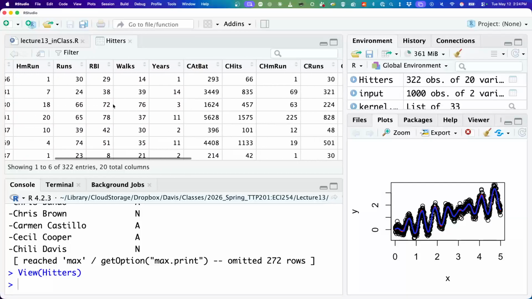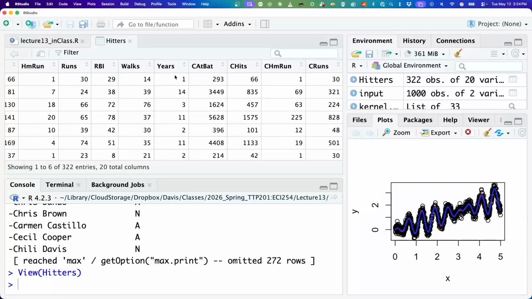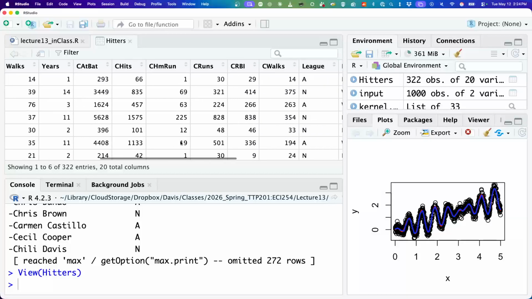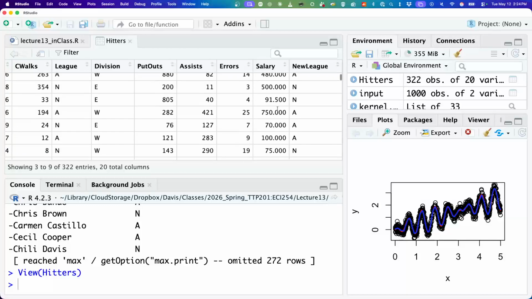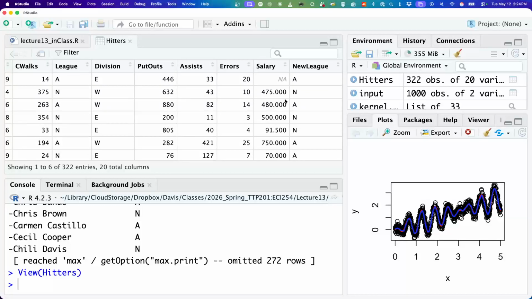So there are number of runs, number of walks, how many years the person has been in the league, and so on. What league division, and salary here. So we want to see not if, but how a lot of these statistics are related to their salary.